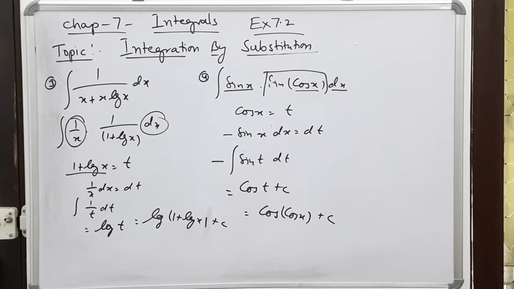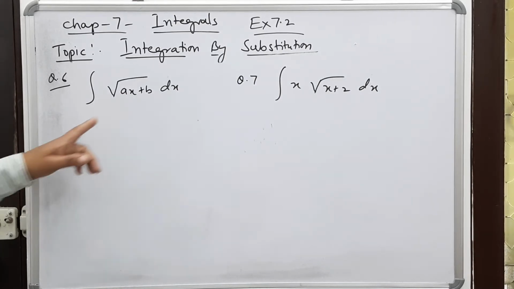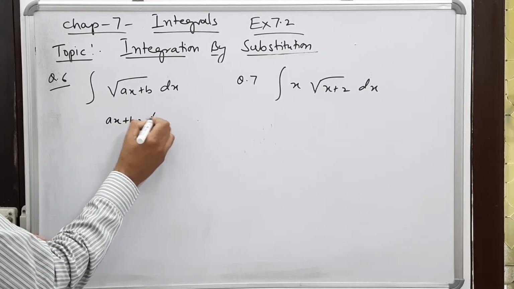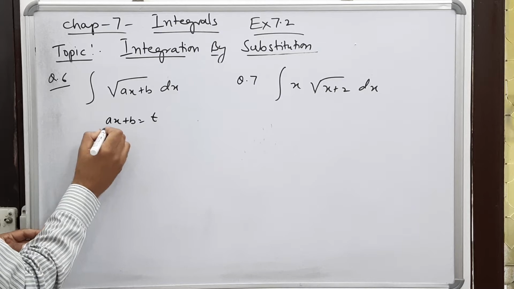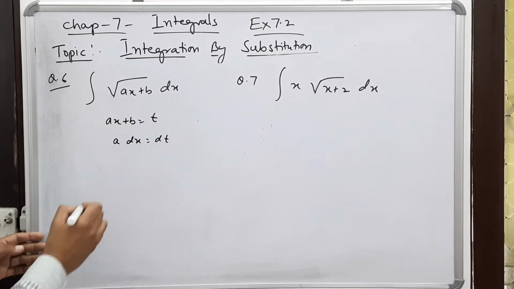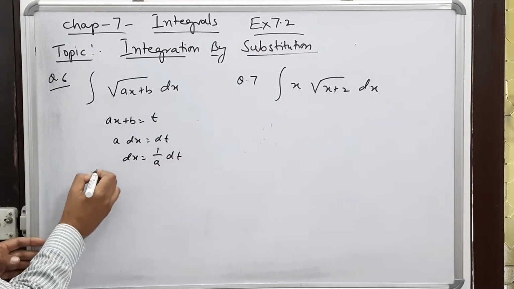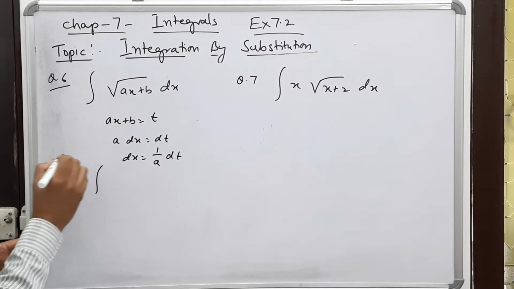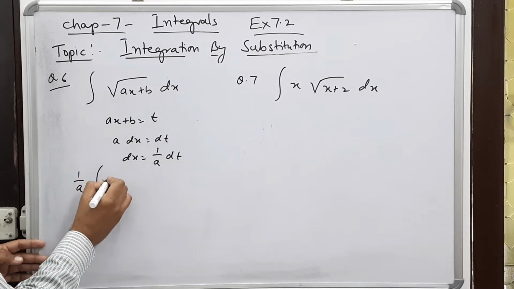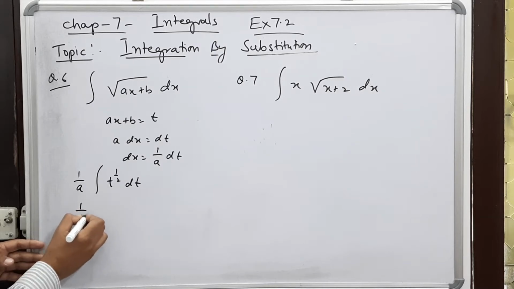I am taking the next sum. Yes, see this problem. In this, ax plus b, we can take t. Then the derivative of this is a dx equals to dt. So dx equals to 1 by a dt. Now if you transfer this, it is 1 by a, dx will be this 1 by a dt, and this will be t power half and dt. So what is the integration of t power half?